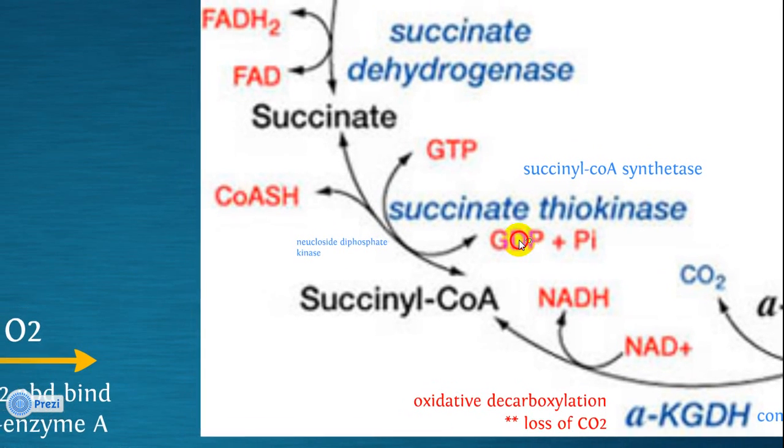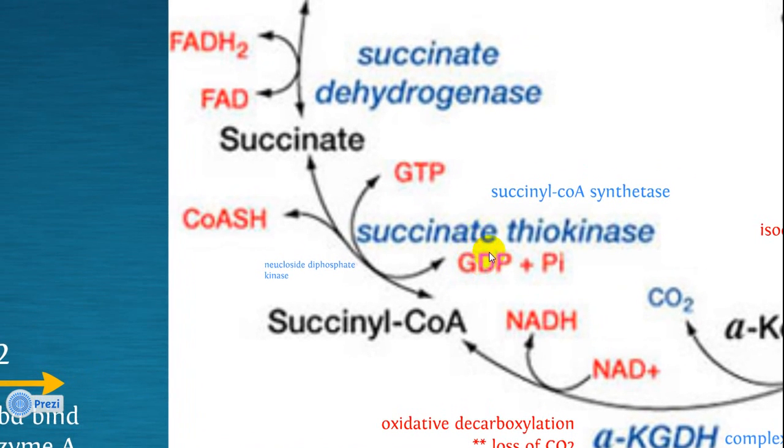The synthetase will make a new bond between the GDP and the phosphate group here, to produce the GTP. But I said that the synthetase needs energy to make this bond. This energy will come from the coenzyme A. So this enzyme will make a new bond between what?